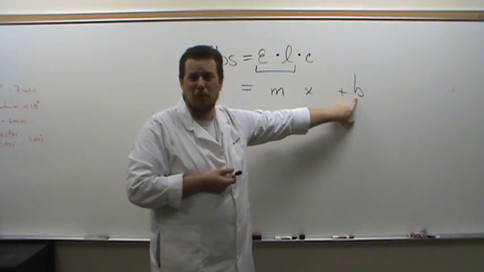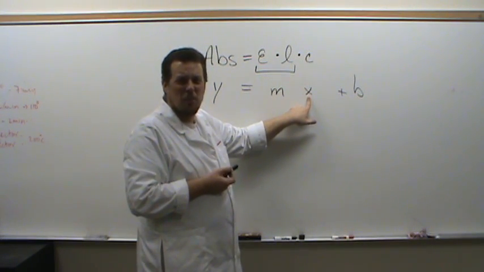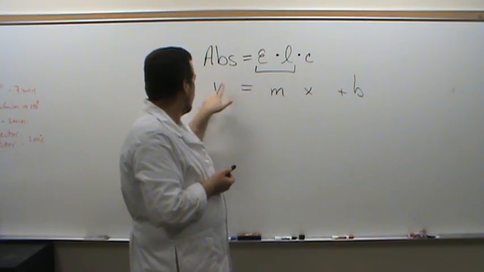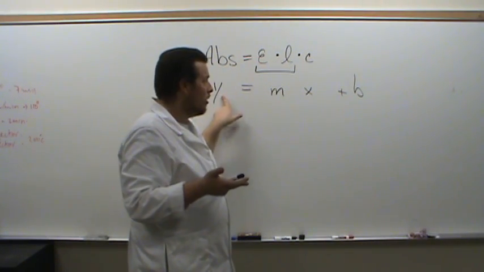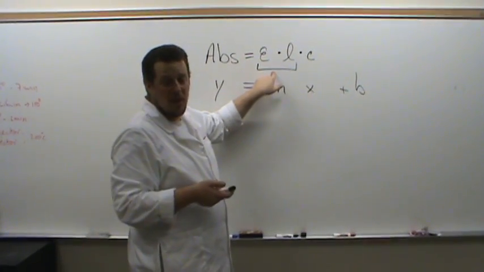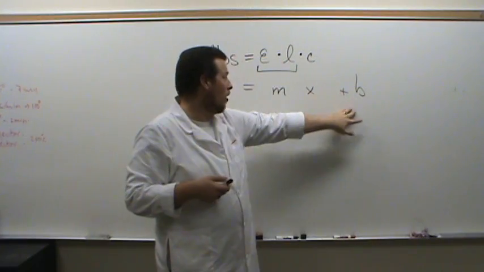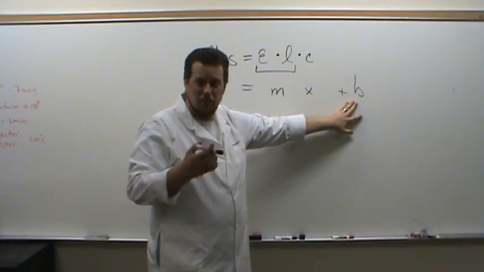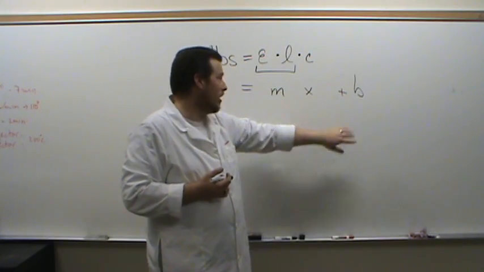That's the y-intercept, right? Well, if the concentration of the sample is 0, how much absorbance is it going to have? Well, it's going to have 0. So, a perfect set of data will follow Beer's law and give us an intercept of 0. Doesn't always happen, but it's something that we can look at to assess how good our data is.